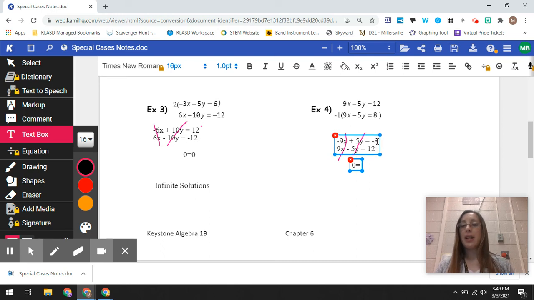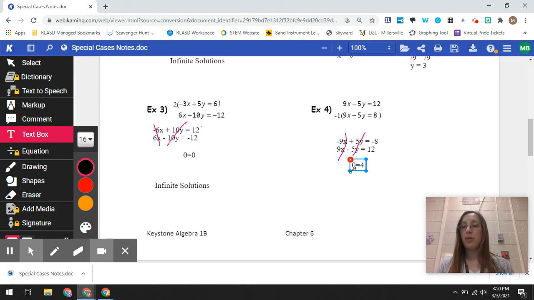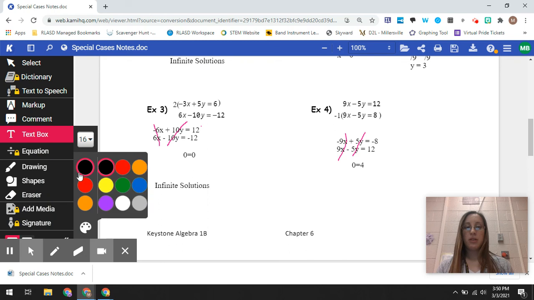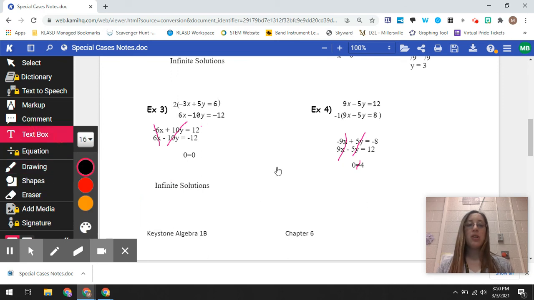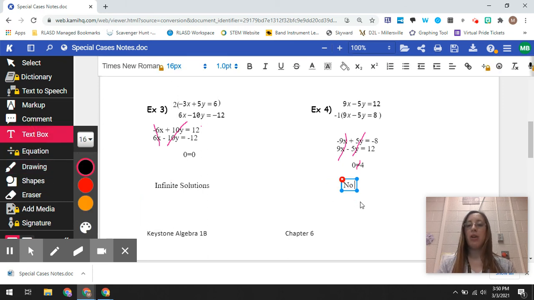And then we have negative 8 and positive 12. So that's going to become 4. So looking at this, is 0 equal to 4? Your answer should be no. So I'm going to create my slash through here. This is not equal. So that means my answer should be no solution.